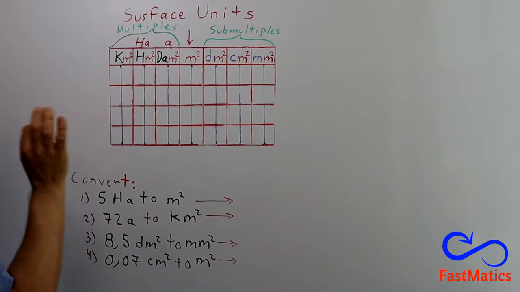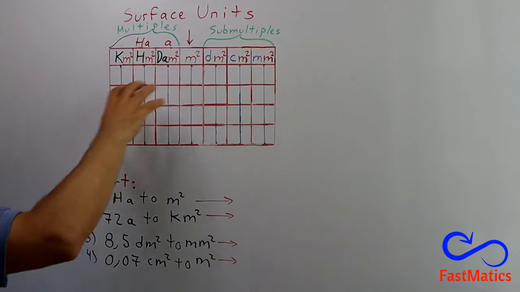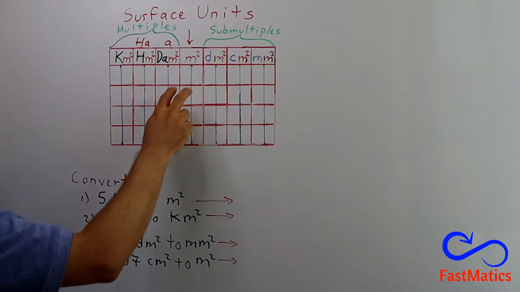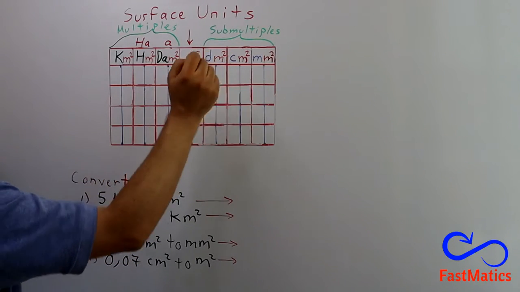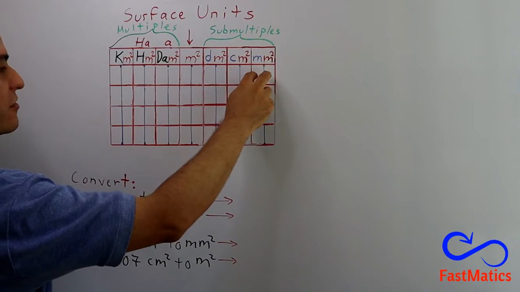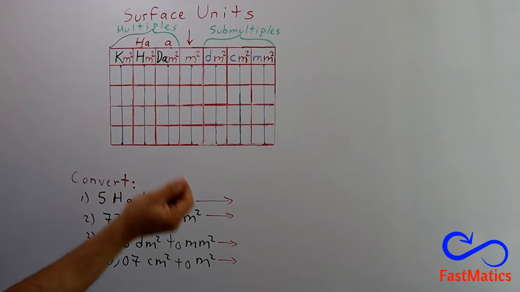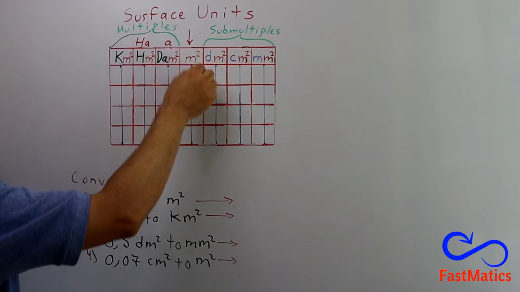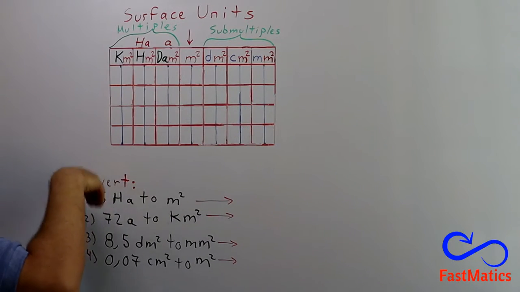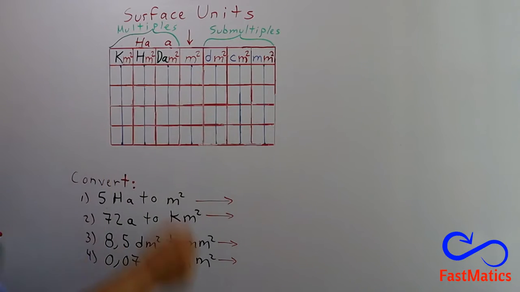It is very important to say that for surface units, the chart will have 2 places for each abbreviation. 2 places for this abbreviation, 2 places for this abbreviation, because remember, when we had length units, we had only 1 number for each abbreviation, but here you are going to write 2 numbers for each abbreviation.